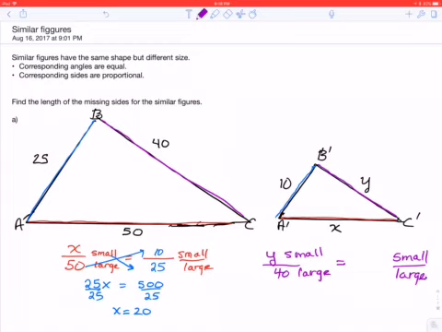All right, well, I can do 10 and 25 again. I'll cross multiply. So y times 25 would be 25y. 10 times 40, that's 400, and solve for y. I get y equals 16.